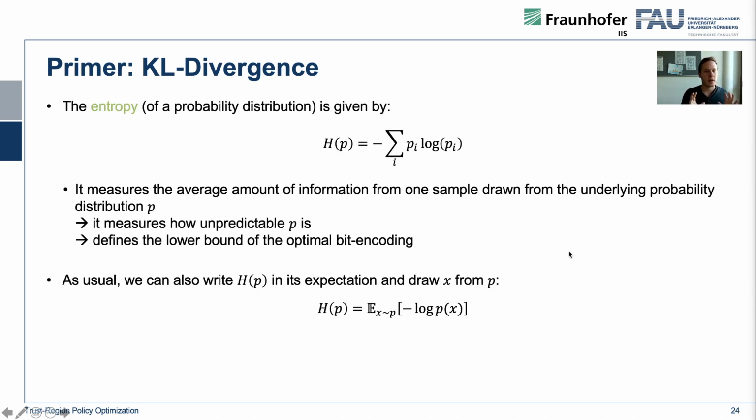If you have the definition of information, you can also come up with the entropy. The entropy of a probability distribution is given by this term. Usually entropy is denoted by H, and the entropy measures the average amount of information given by one sample drawn from the underlying probability distribution P. So it is defined over the whole distribution and all the events that can happen.